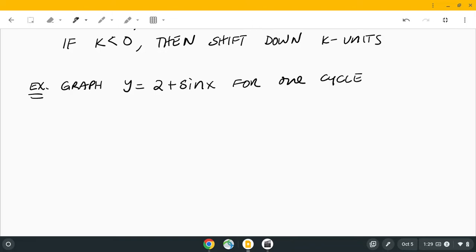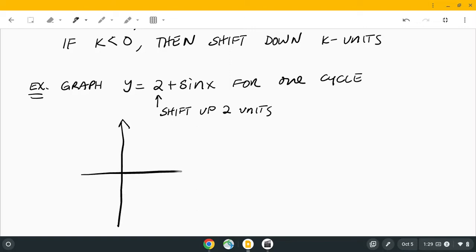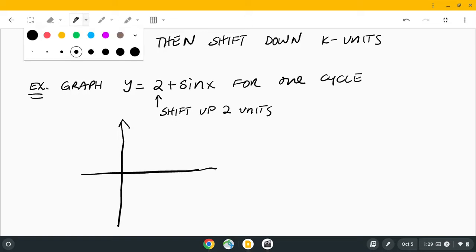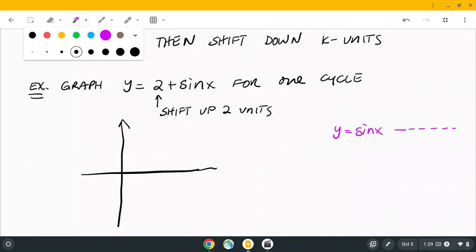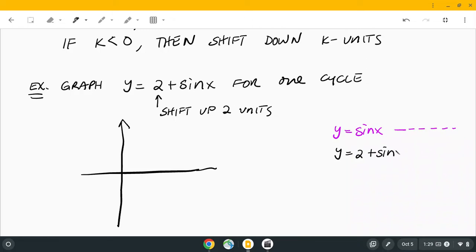So this here is going to be a shift up 2 units. I'm going to plot the original, y equals sine x, in my dash. Then I'll do the final graph, the actual one that I want, y equals 2 plus sine x, in solid black. We're not messing with the angle, so we are still going to be from 0 to 2 pi.